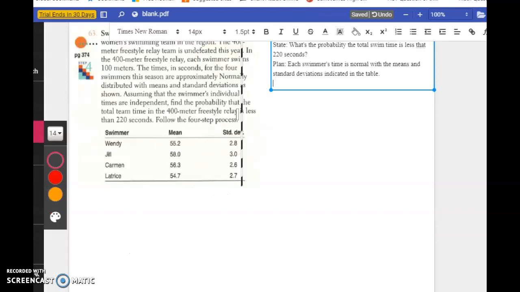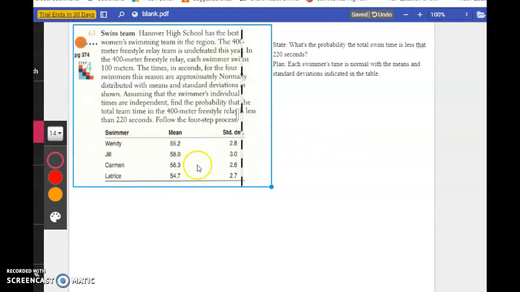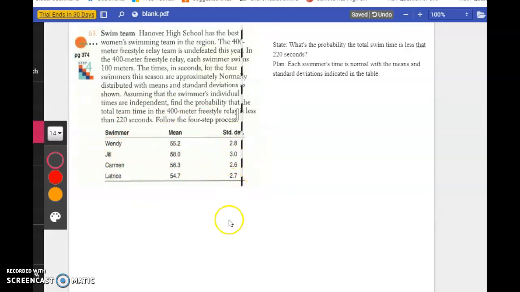All right, there's going to be a second alternate example posted on Apples. One that's similar to that is number 63 from last night's homework, and I started off already. This is about a swim team for the 400-meter freestyle relay. In this table, it provides each swimmer's mean time and standard deviation for their swim times.